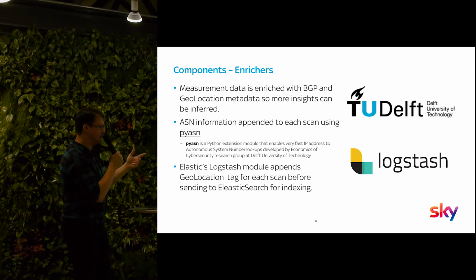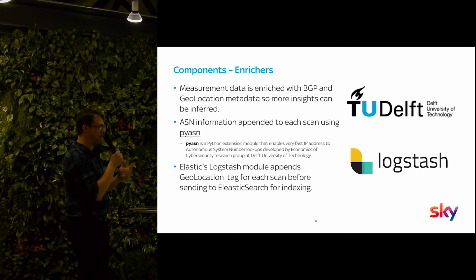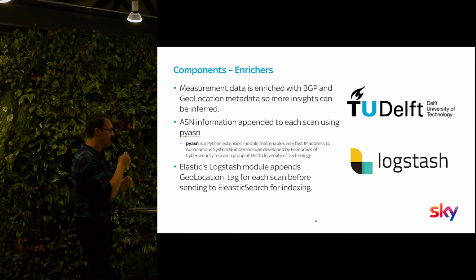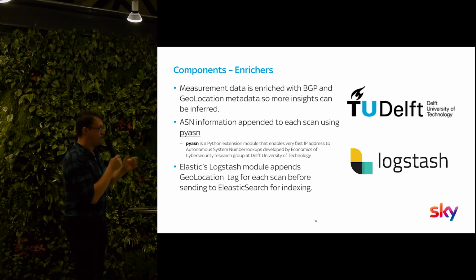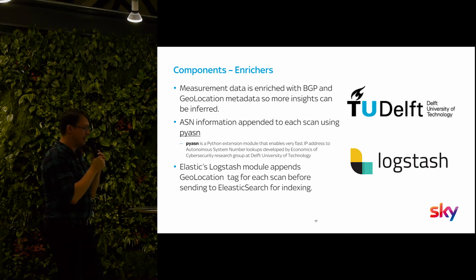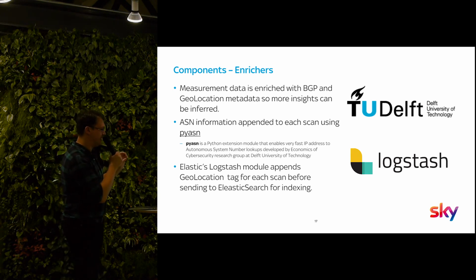In general, it's something you might need to get from somewhere else if you want that BGP information. The Logstash module from the Elasticsearch stack also adds the geo tag for each scan. So now you have the country-wise or geography-wise or city-wise information.